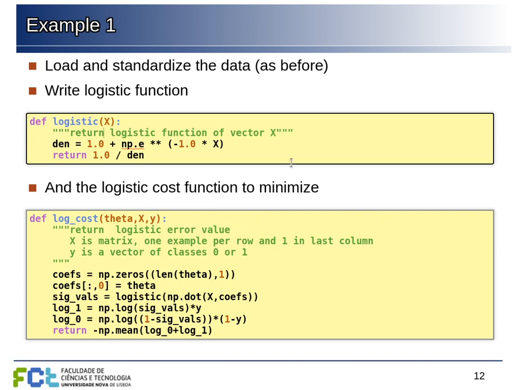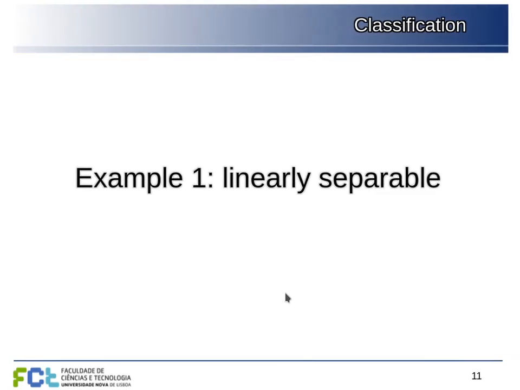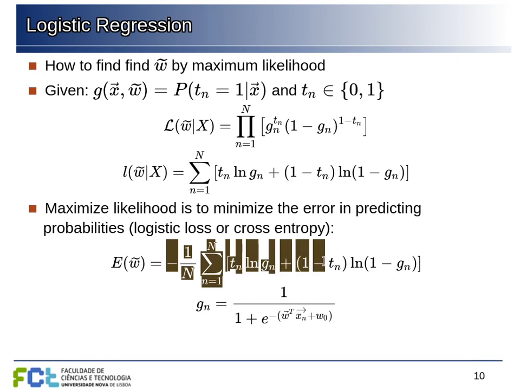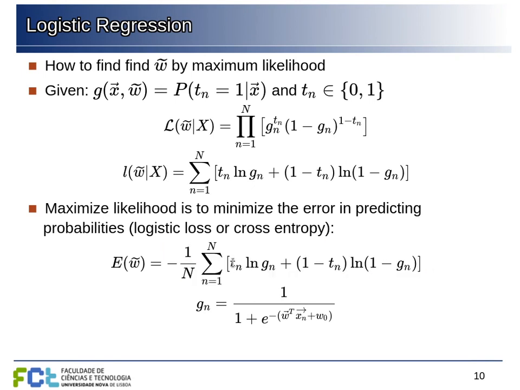And now we need to minimize this logistic loss here, which is the class multiplied by the logarithm of the probability, and 1 minus the class multiplied by the logarithm of 1 minus the probability. So note that the class can be 0 or 1, and if it is 1, we are using this term here. If it's 0, then we'll be using this term here.